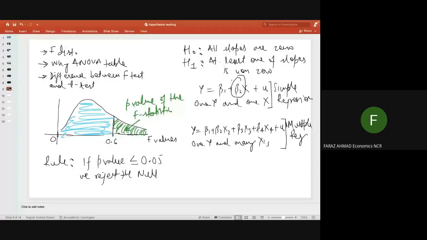So when we will be doing multiple regression, the F test will be important. In simple regression, the F test is not important because we have only one x. If you see the null hypothesis, it talks about all slopes being zero, but there is one slope, which is beta 2, right? So there is only one slope.